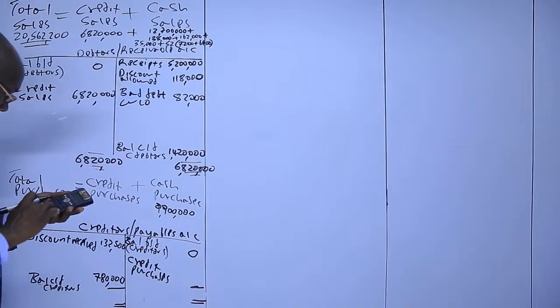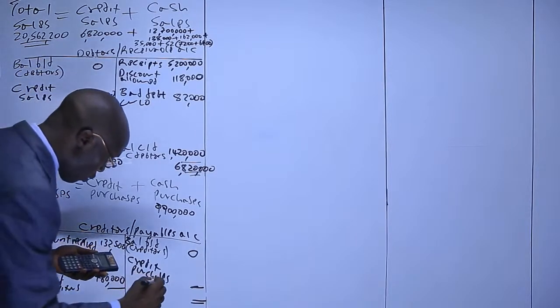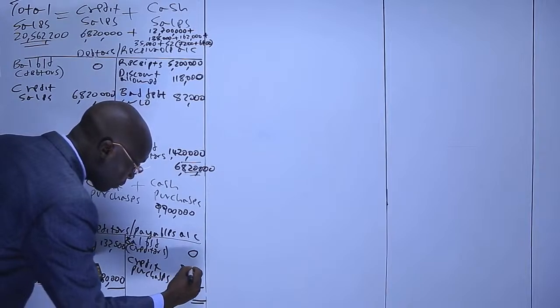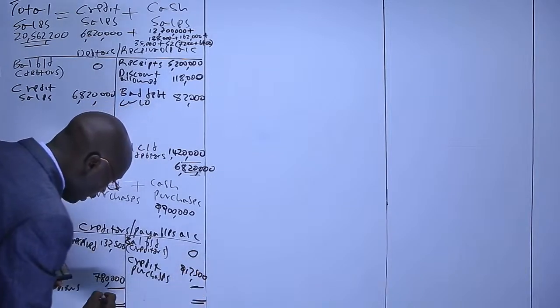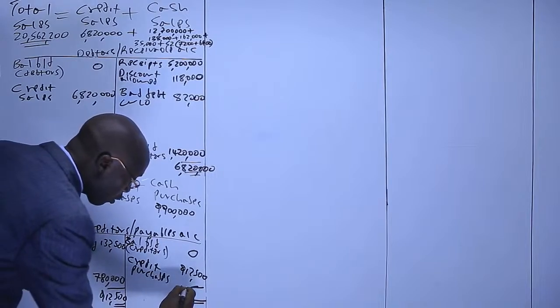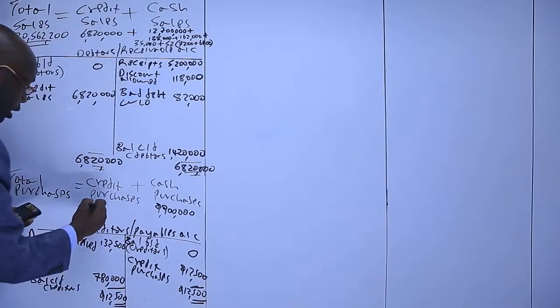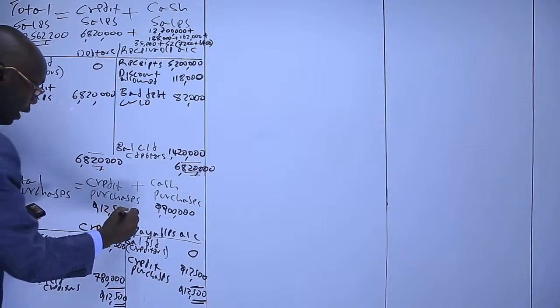132,500 plus 780,000. So that will be 912,500, which will be here, 912,500. We transfer that one here, 912,500.